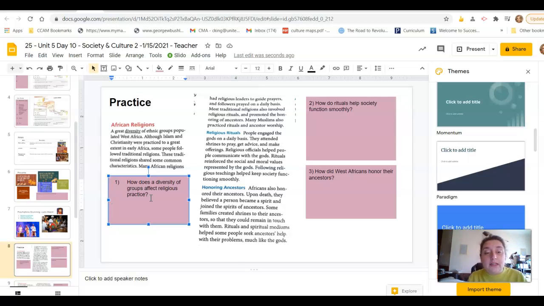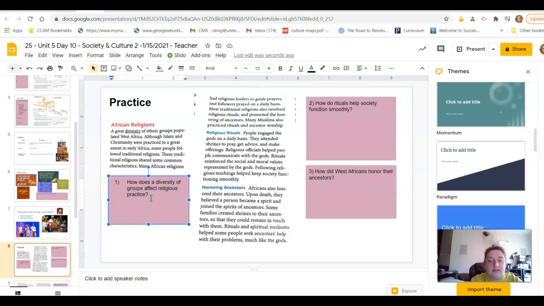So for number 1, how does a diversity of groups affect religious practice? You have all these different groups that believe different things. What is that going to mean for religious practice in an area? If you overthink it, you're probably not going to find the answer I'm looking for.